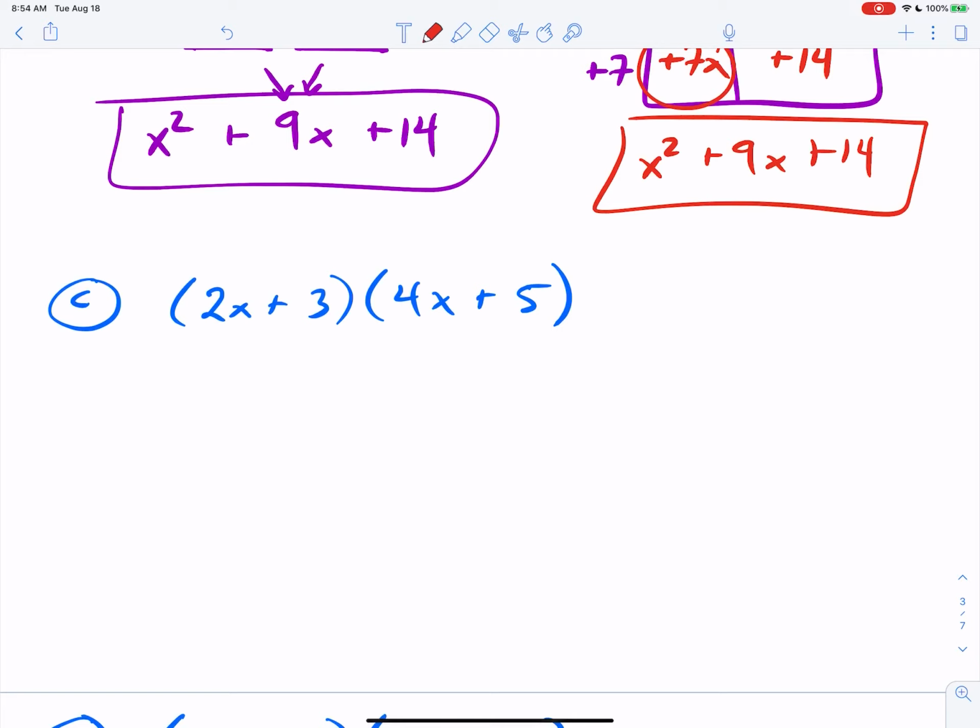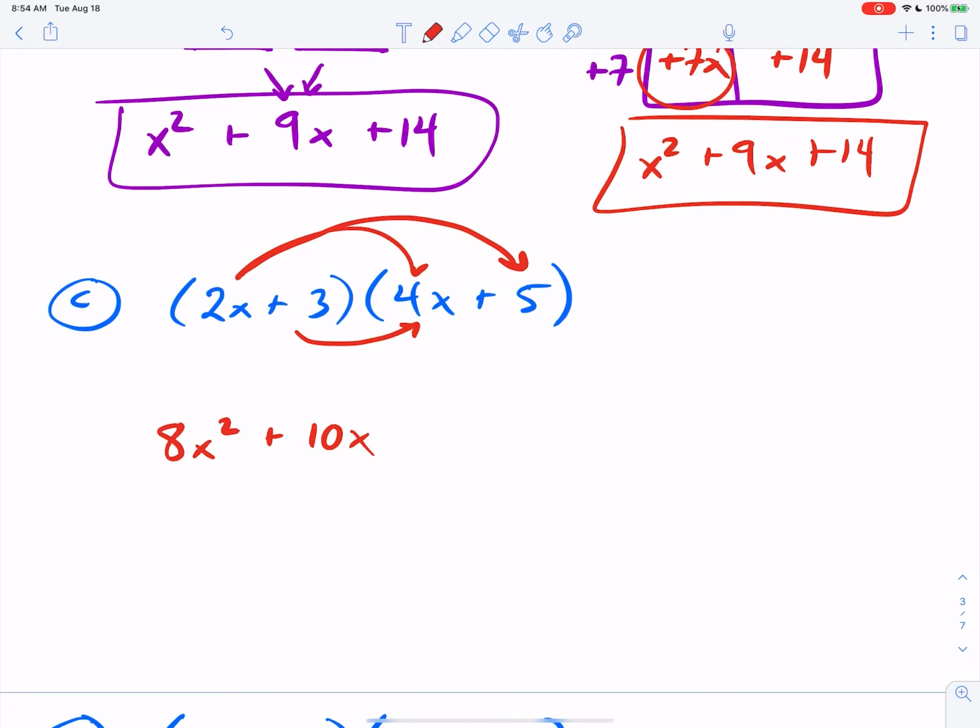Okay, so whether you're distributing or the area model, you should get, here I'll use the distribution model, 2x times 4x is 8x squared because 2 times 4 is 8, and x times x is x squared. 2x times the 5 is a positive 10x.